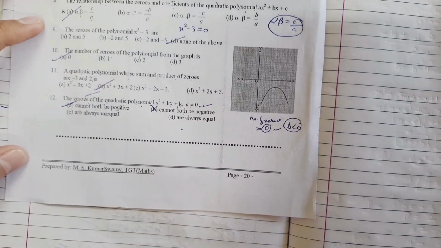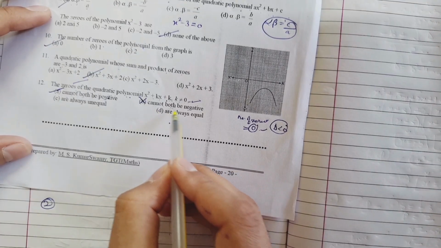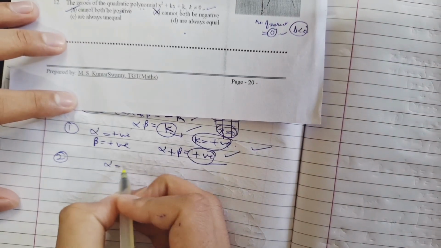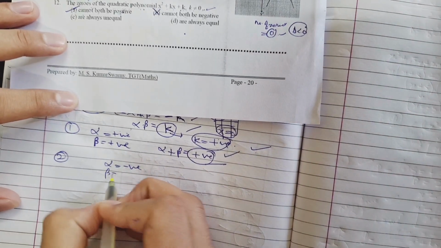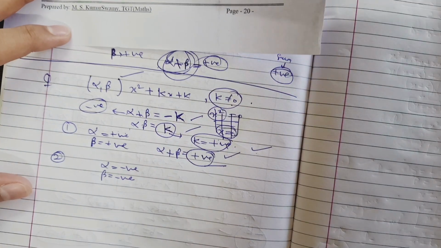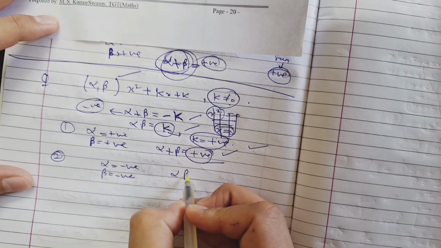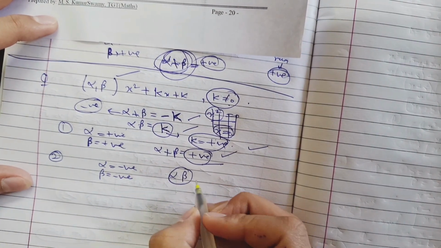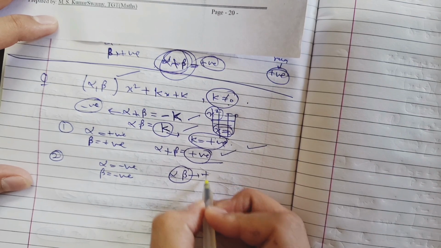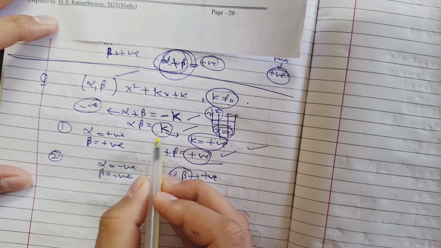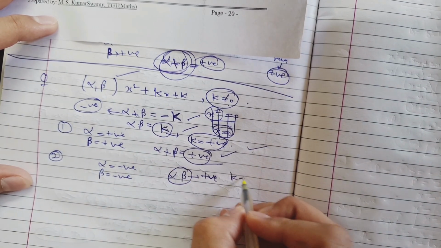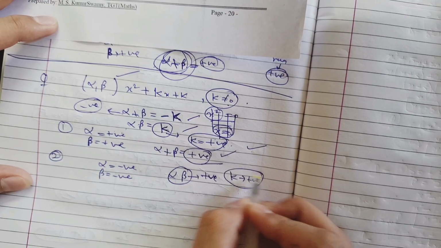You can also check the second option. It says the zeros cannot both be negative. Let's check. Take alpha negative and beta also negative. Now the product, alpha into beta, minus into minus is plus, so alpha into beta will be positive, and that equals k. It means k is also positive. No problem.